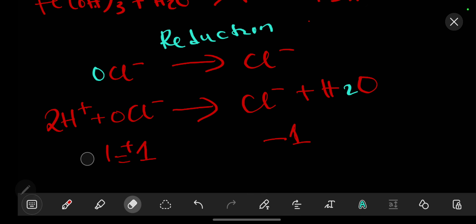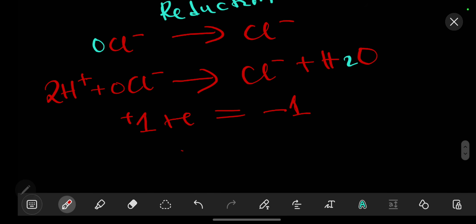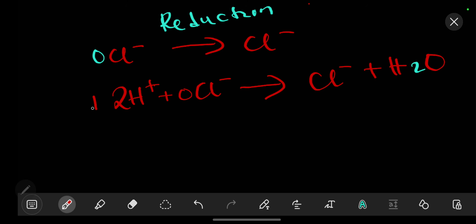So you form the simple equation: 1 plus the electrons should be equal to -1, which gives electrons equal to -2. So we add 2 electrons on that other side. That is how we do that one.